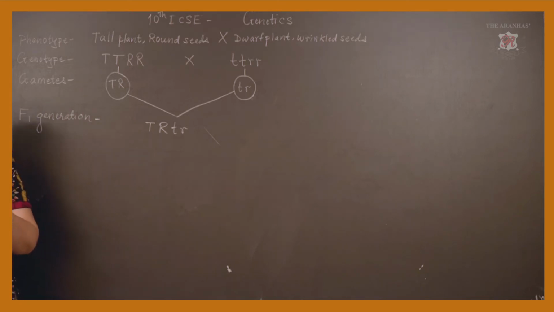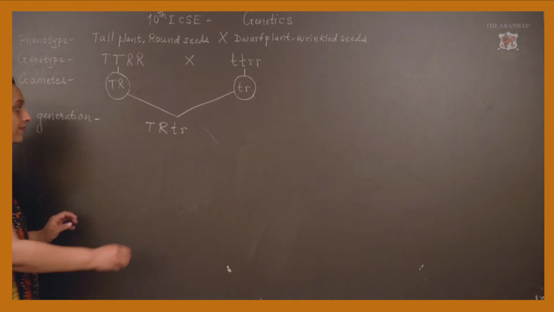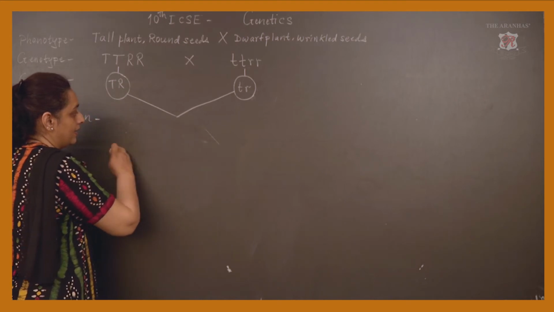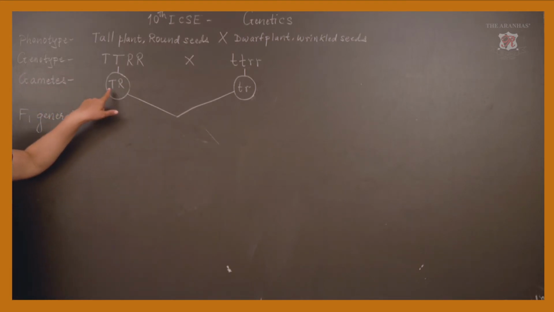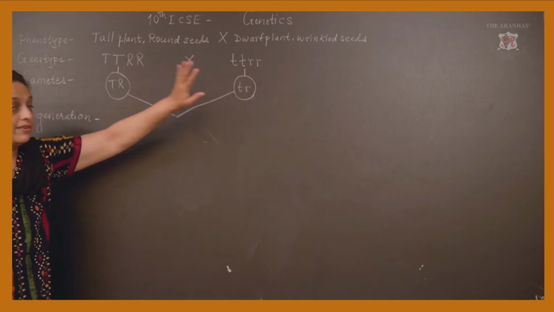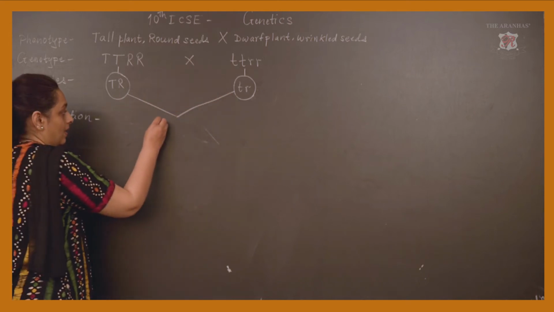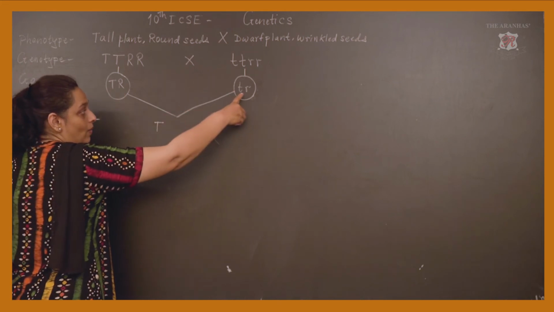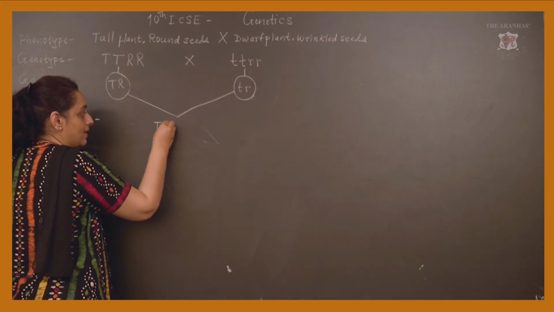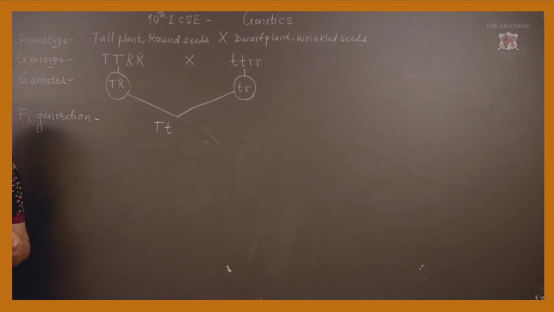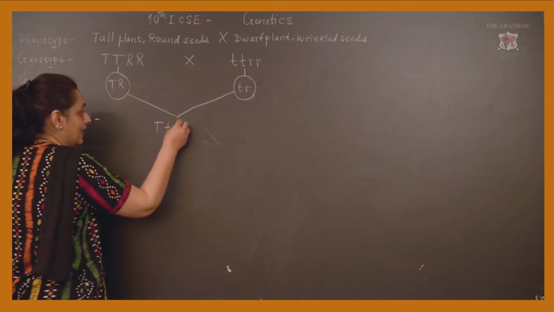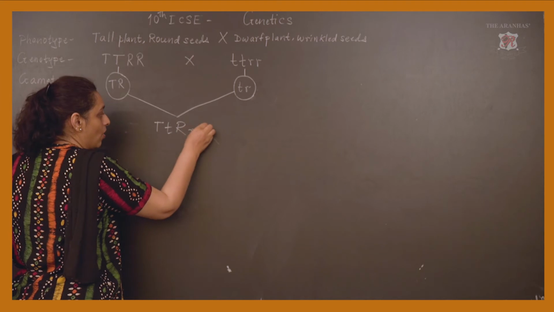Instead, what you should do is, you must write alphabet T first. Okay, so what is there? One capital T is there and one small t is there. So this I am writing first, and then I move on to the second character. So for the second character there is capital R and small r.